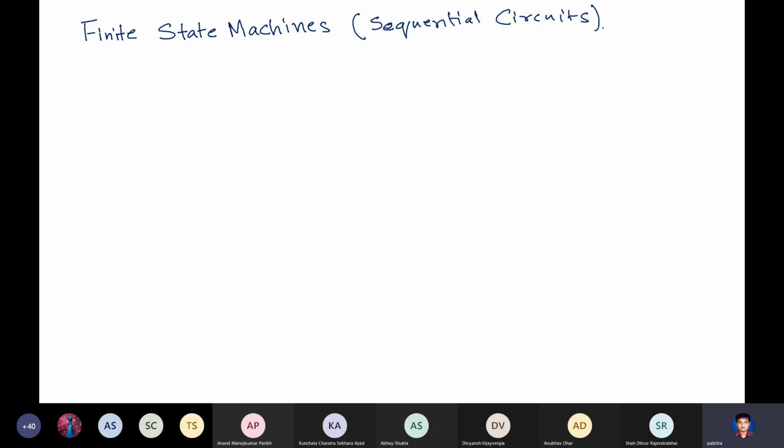Such memory elements would be implemented using components, as you all know, which are flip-flops and latches. We'll mainly use flip-flops. And this type of circuit, which uses memory elements along with combinatorial elements, is known as a sequential circuit, and they are very common.